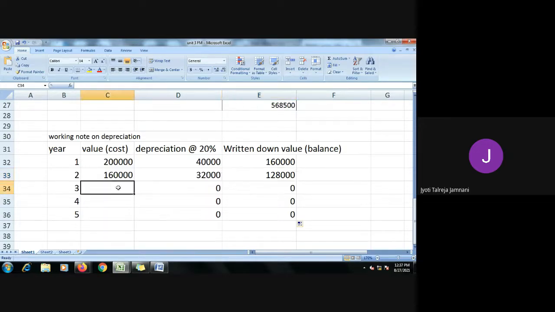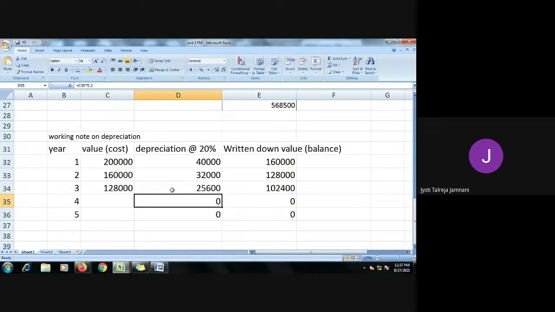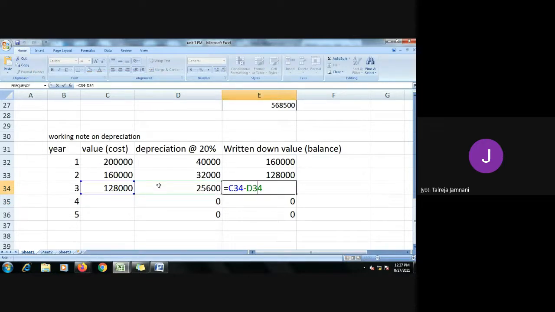This 1,28,000 will be the opening balance for the third year. On this opening balance, we calculate again 20% depreciation. You can see here on 1,28,000 into 0.2, which is 20% depreciation, you get 25,600, and the balance will be 1,28,000 minus 25,600, that is cost minus depreciation. You will get the balance, which is 1,02,400. This 1,02,400 we bring down to the next year, that is the fourth year.